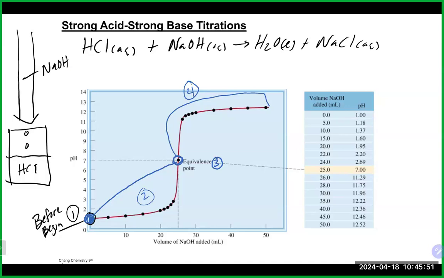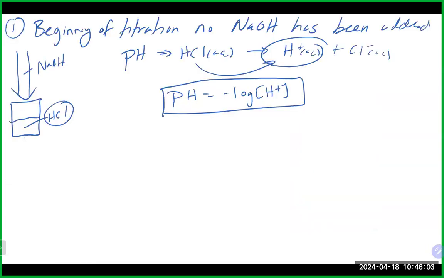All right, then let's talk about what happens in the second part here. This is the part where I'm going to actually start adding some sodium hydroxide. So this is where I'm going to start dropping in some sodium hydroxide. I'm going to clearly get a reaction that's going to occur between the sodium hydroxide and the HCl.